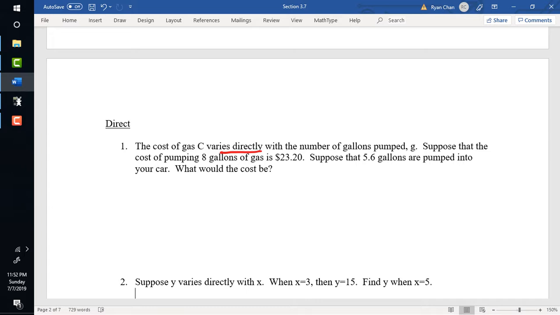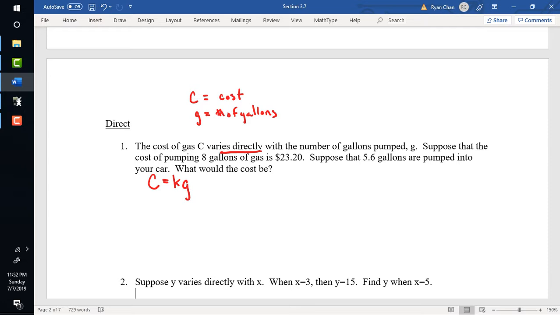This time, though, they do use different letters, so you do want to write what your letters are and what they represent. C is cost, and G is number of gallons. So if I'm varying directly, it's going to be C is equal to K times G.